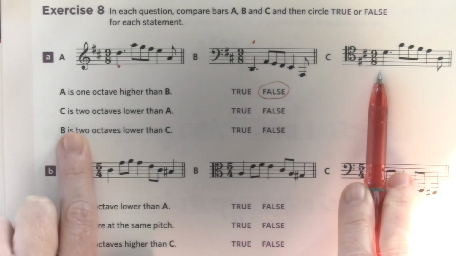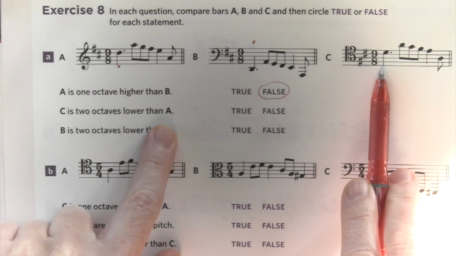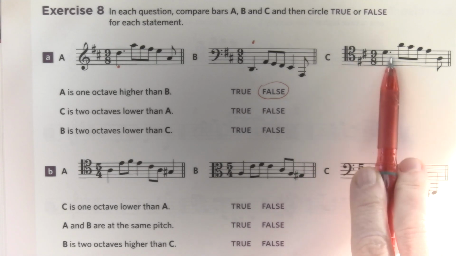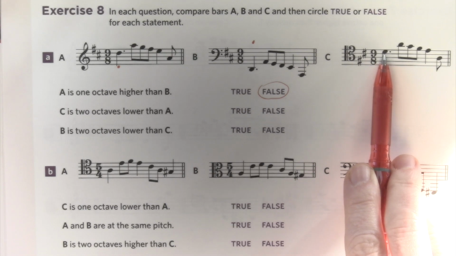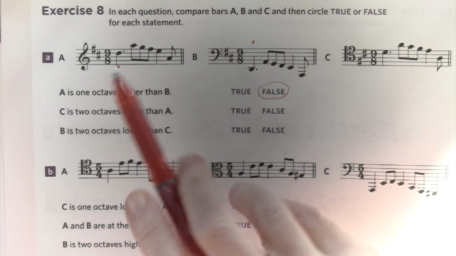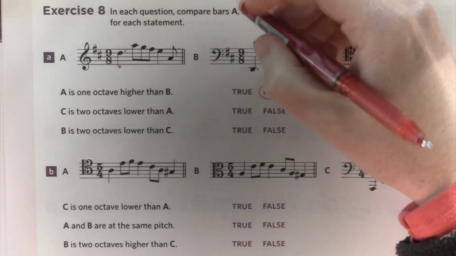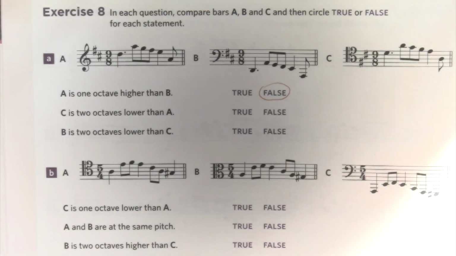C is 2 octaves lower than A. Okay, this note is Re, just above middle C. So let's rub out these things.